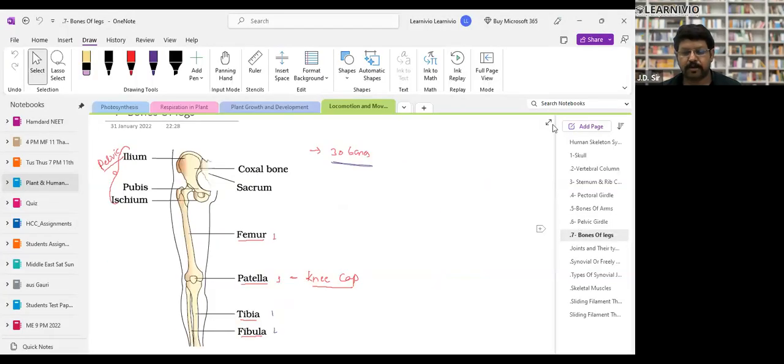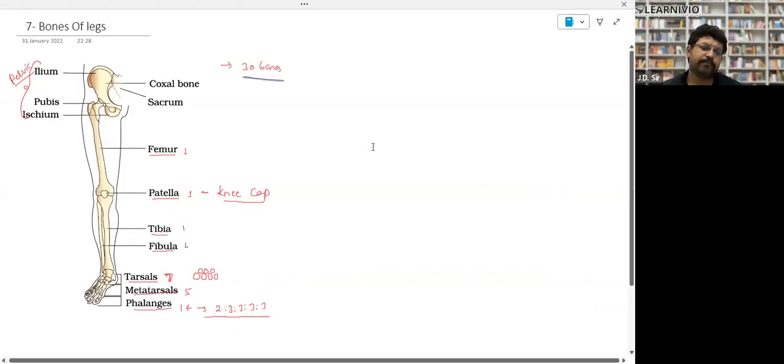Now bones of leg. Patella has been asked. Patella is a part of which part? So patella is a part of leg bone, right? This is called kneecap. So look, ilium, ischium, and pubis make the pelvic girdle, right? Where femur rotates. Femur is the longest and strongest bone. So leg is made up of 30 bones. This patella is called kneecap. Write it down.